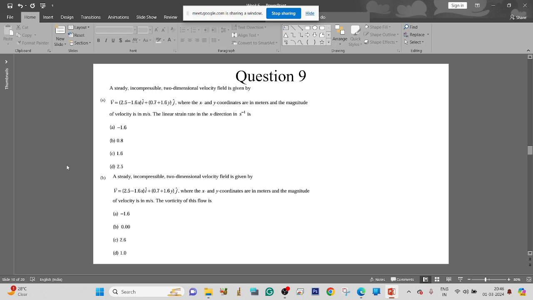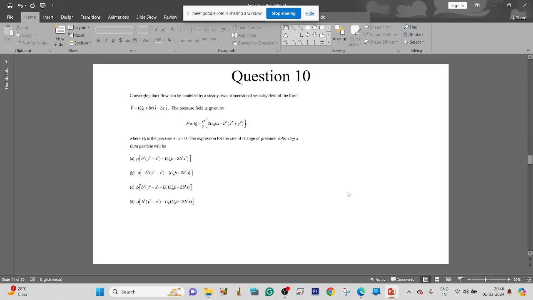The linear strain rate in x direction is in second inverse. So what is the linear strain rate then? Very easy. Minus 1.6. And what is the vorticity? 0. Yeah, correct. For linear strain we simply did del u del x, and for vorticity we do del v del x minus del u del y. So we got 0.